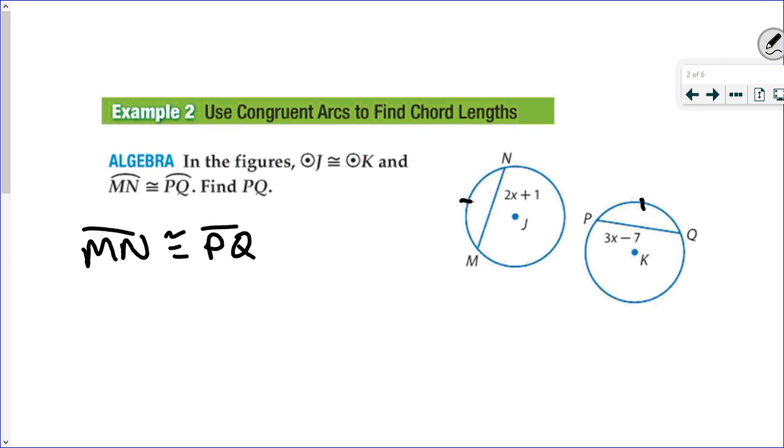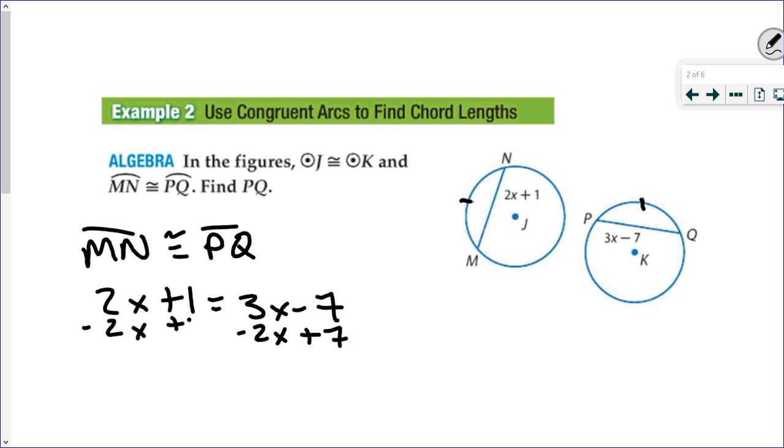So if the arcs are congruent, then the segments are congruent. That gives us this equation: 2x plus 1 is equal to 3x minus 7. We can solve for x by subtracting 2x over to get all our x's on one side, and adding 7 on both sides. These cancel out, leaving 1 plus 7, which is 8, equals x.